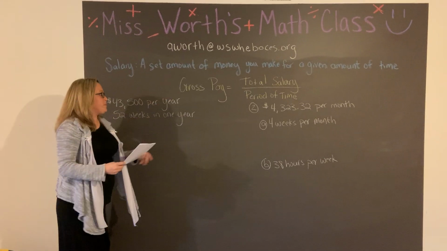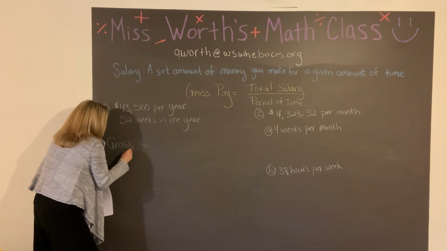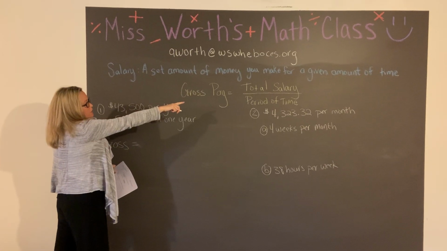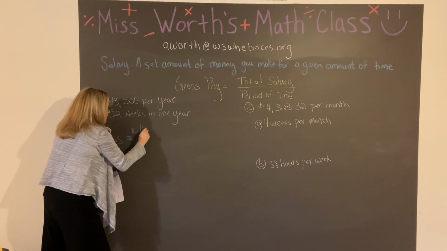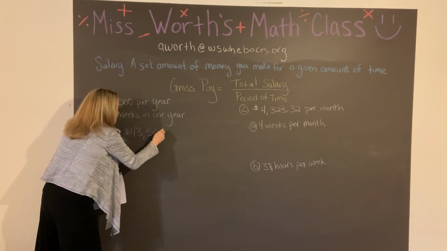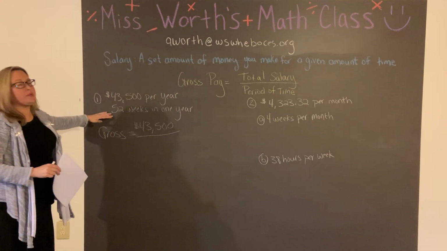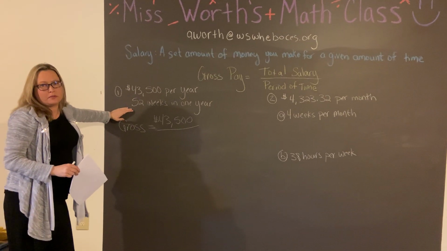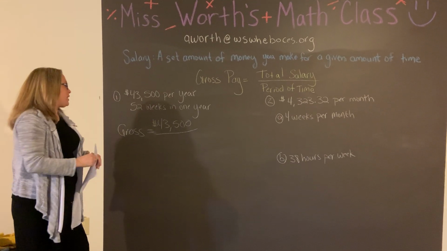If we use our formula, we know that our gross pay is going to equal our total salary, which is $43,500, divided by our period of time. We're looking for weeks in this one, okay? Again, we know there's 52 weeks in a year, so we're going to divide it by 52.